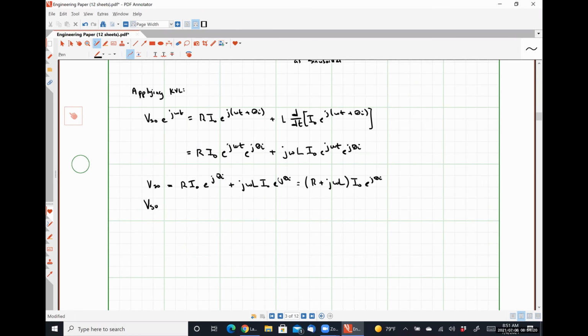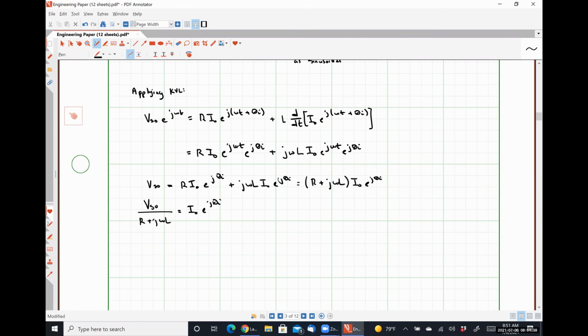So Vs naught divided by R plus j omega L will be equal to I naught e to the j theta I. Okay.